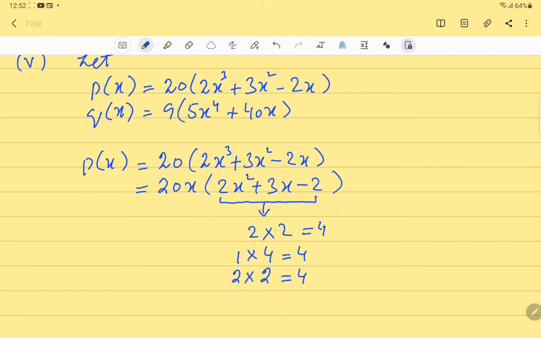So which one is satisfying? Which one, if we consider, its sum should give us 3 or its difference should give us 3. So the first pair is fulfilling that condition, because when we subtract 1 from 4 we are getting this 3. So instead of 3x we can write 4x minus x.